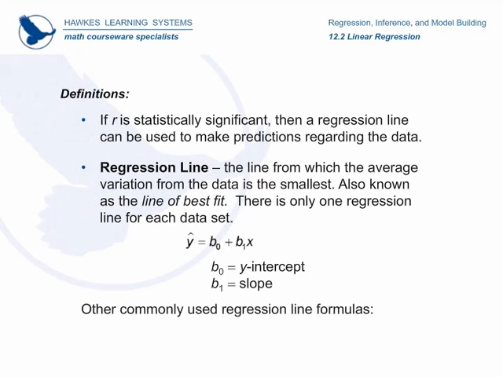Other commonly used regression line formulas are as follows: y hat, or the predicted value, equals mx plus b, or y equals b plus mx, or y equals ax plus b, or y equals a plus bx. And you may have seen one of these if you've taken the intermediate algebra class, in which you had to find the slope and the y-intercept.